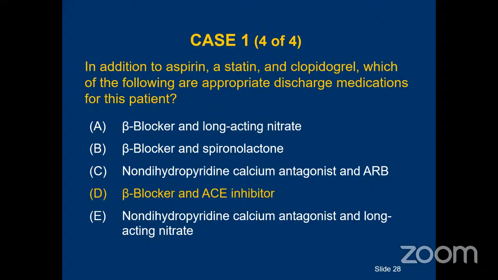So basically, that's what's mentioned over here. The value of aldosterone antagonists such as spironolactone is unknown in patients with acute MI and preserved left ventricular systolic function. That's why we are not considering spironolactone here.